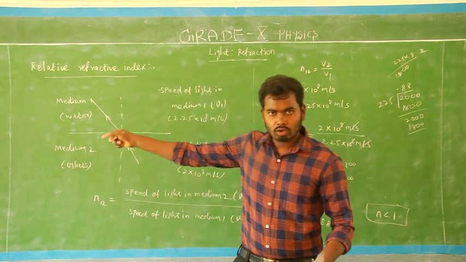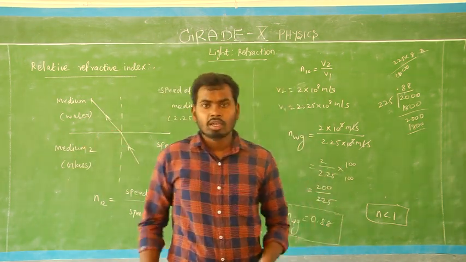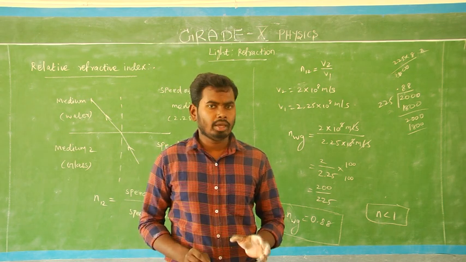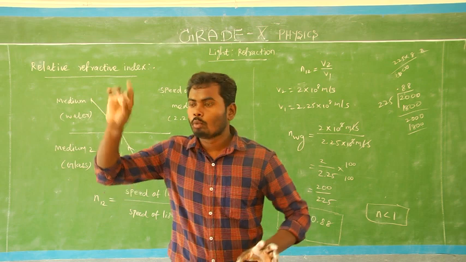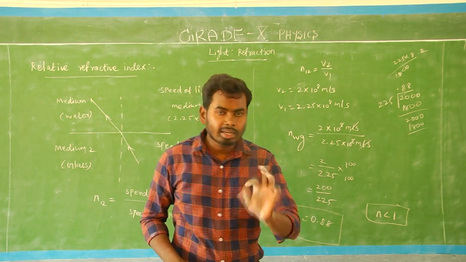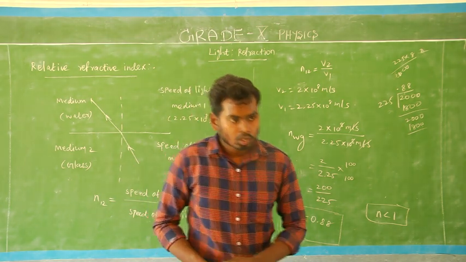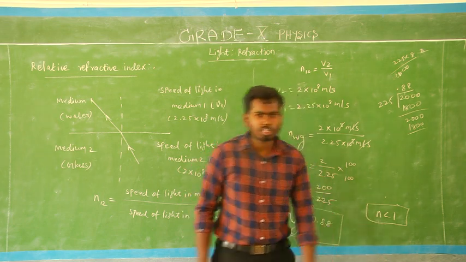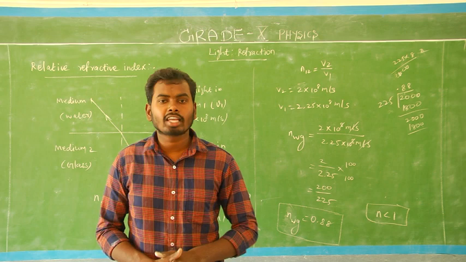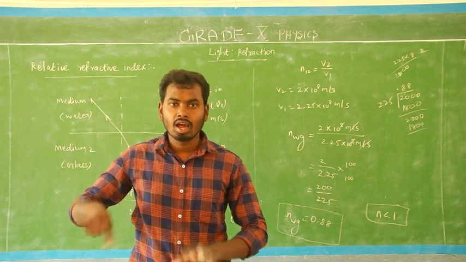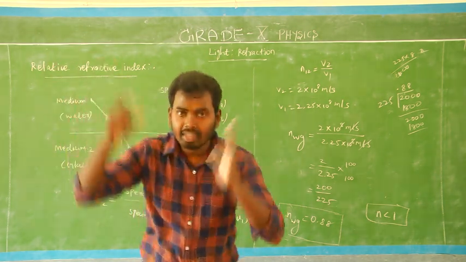In the first case we have just seen, if the refractive index value is more than 1, light speed decreases, which means it slows down. If the refractive index value is less than 1, light speed increases.